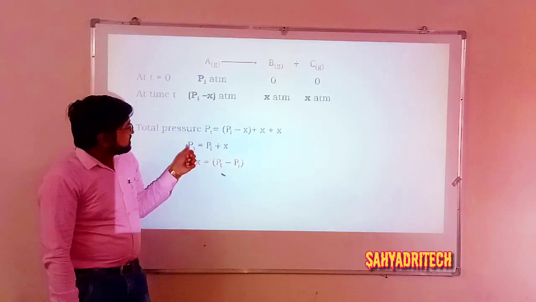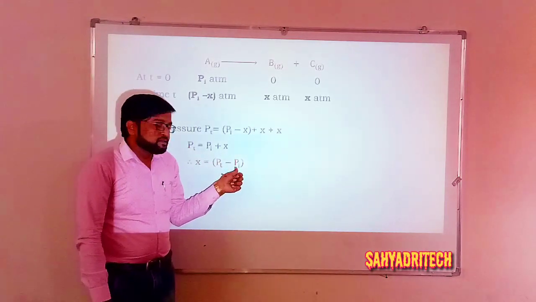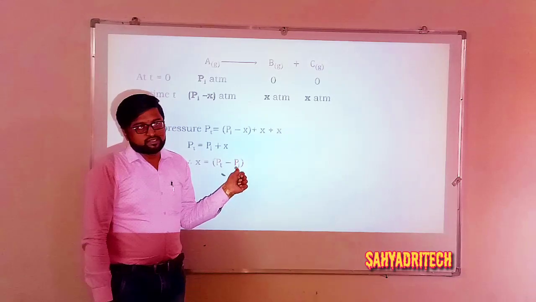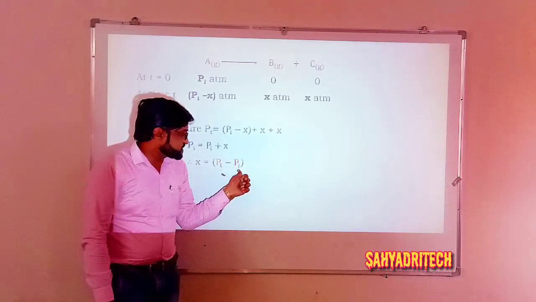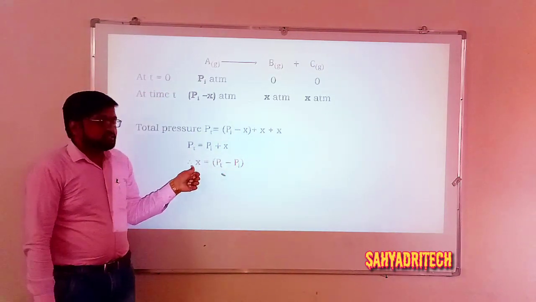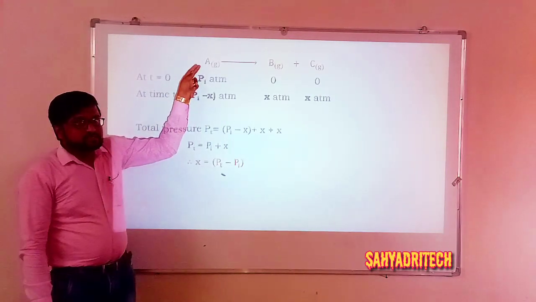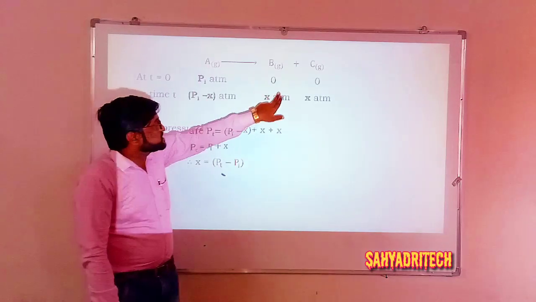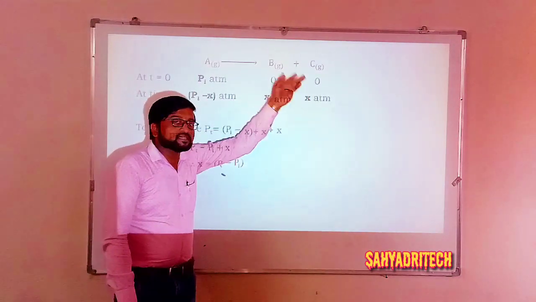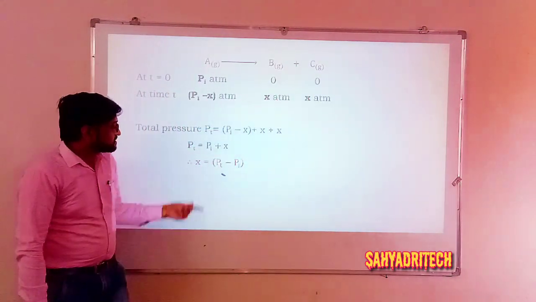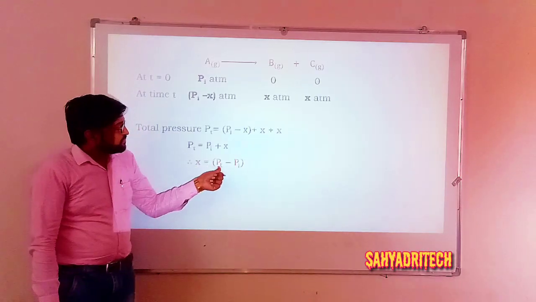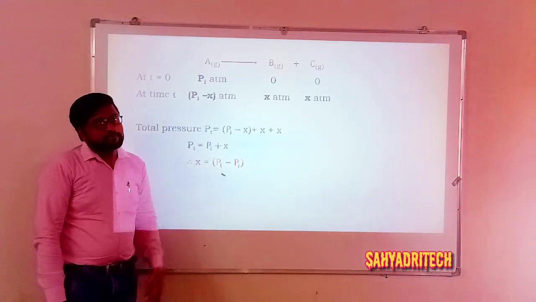Total pressure minus initial pressure gives the factor by which the pressure of A decreases, and at the same time the factor by which the pressures of B and C increase. So we got X is equal to Pt minus Pi.